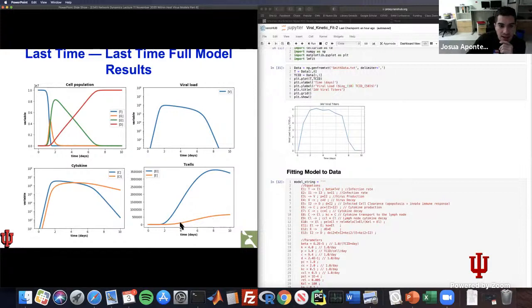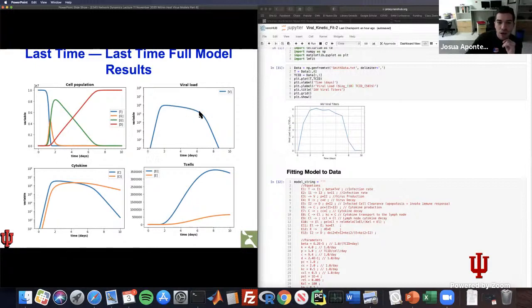You guys can see that by day 4 or 5 is really when you start to see some of those effector T cells in the tissue. And around that time, the decaying curve here starts deviating from the linear decay. Linear in this case is exponentially slower because it's in a log scale.